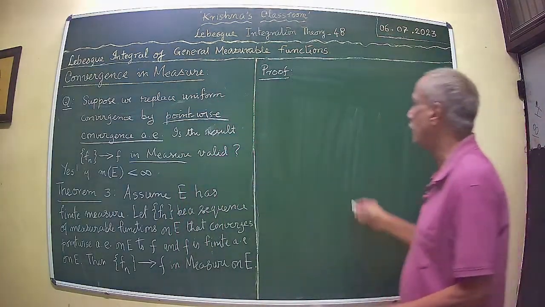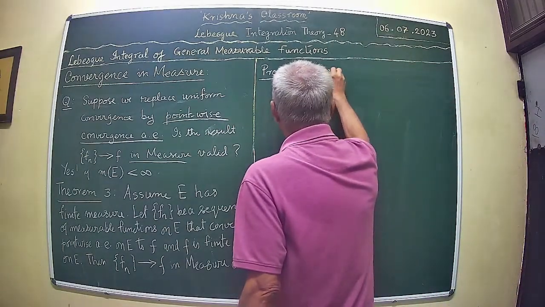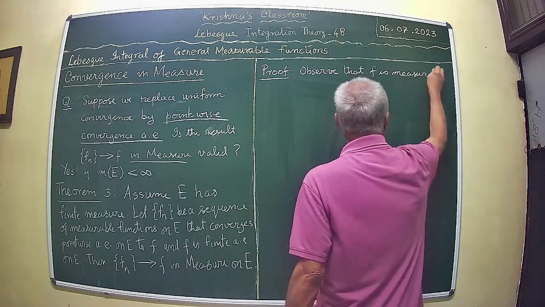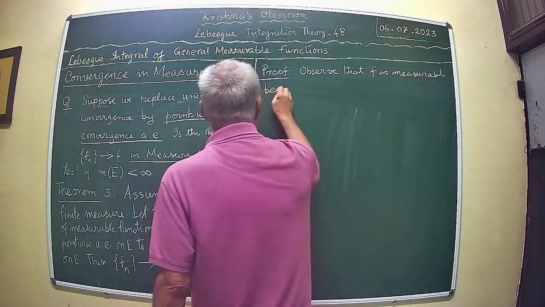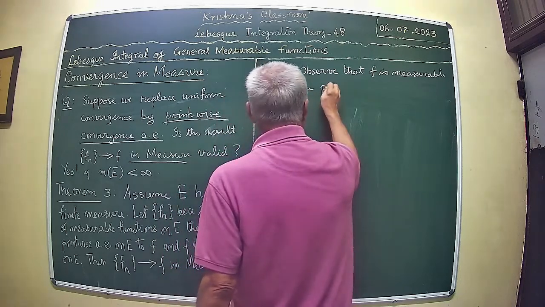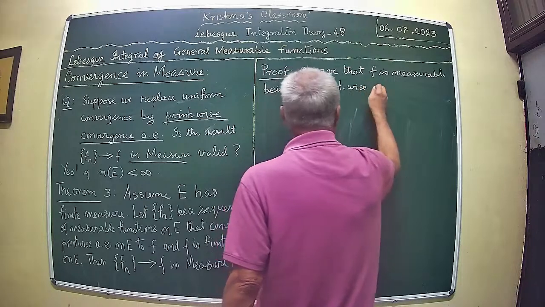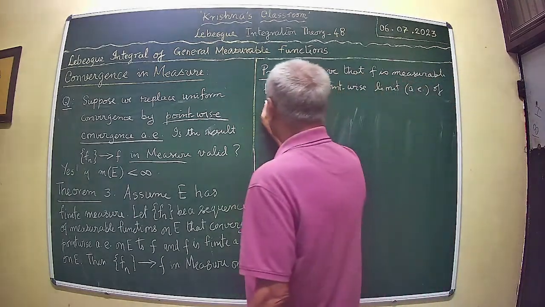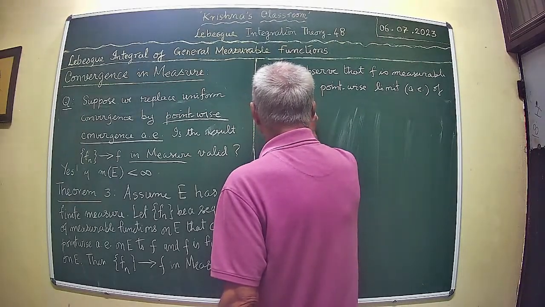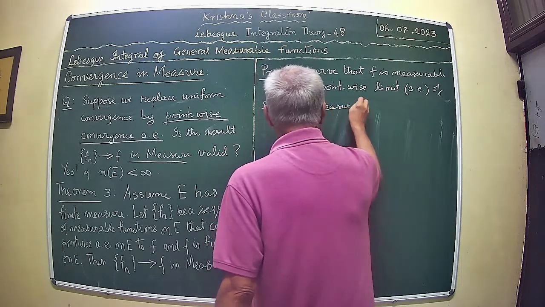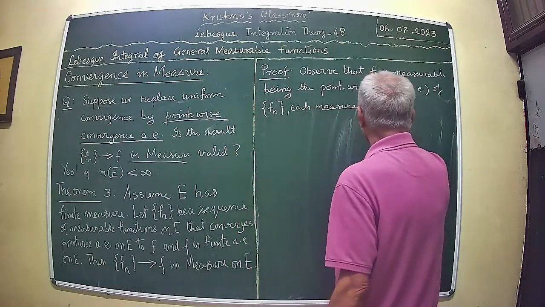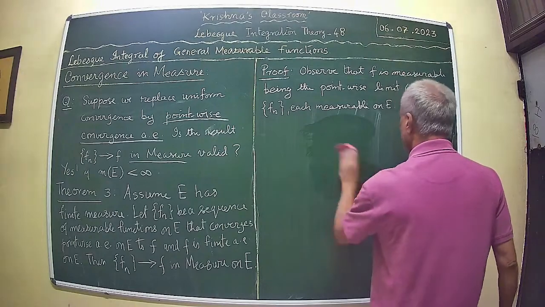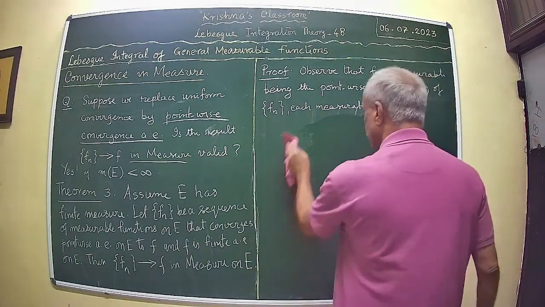First of all, we observe that F, being the pointwise limit almost everywhere of measurable functions Fn, is measurable, and that's a consequence of an earlier result which we have proved: under pointwise convergence, the limiting function is also measurable.